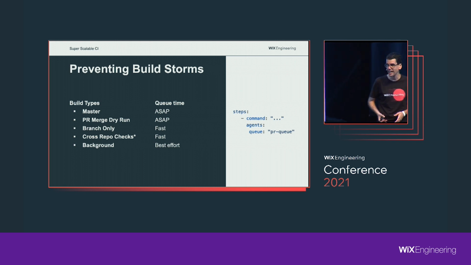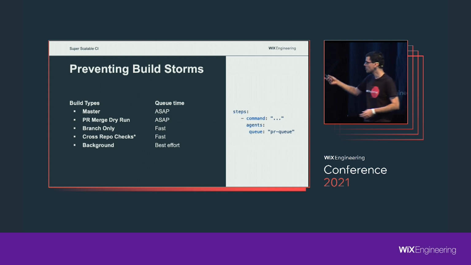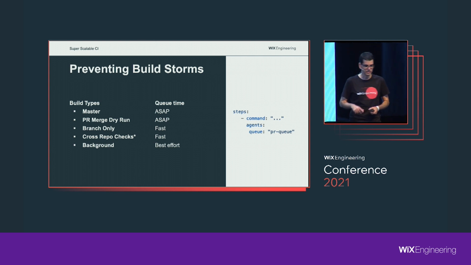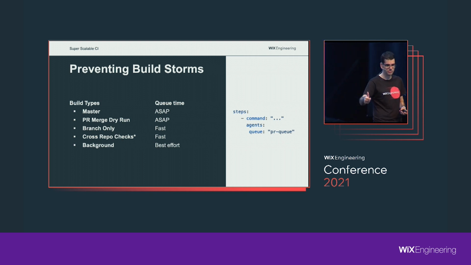There's no argue on that. Pull request builds should start as soon as possible. Cross-repo checks, well, there's a small asterisk there. Required cross-repo checks that block the merge if they do not pass should start as soon as possible. But good old regular cross-repo checks should run fast, but not as important as master builds.